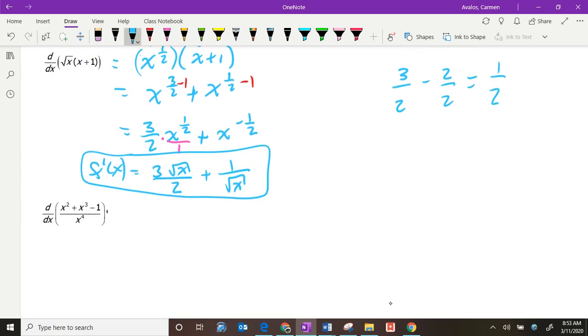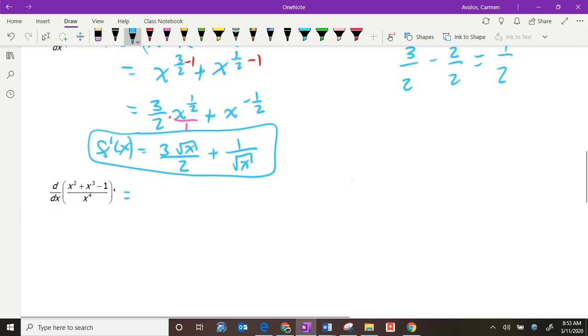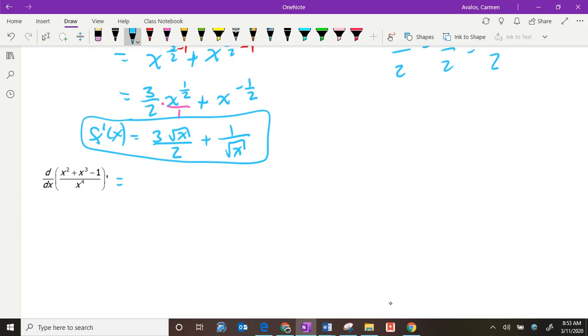Okay, and this one here, this is actually a quotient rule problem, but because it's only x to the 4th in the denominator, we could do this to make it a power rule. So what we could do is make it individual. Or you can make x to the negative 4 times x.